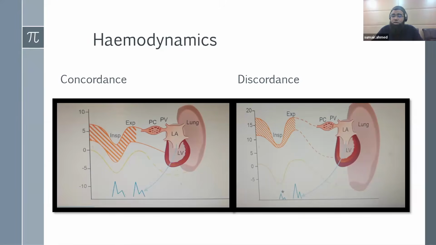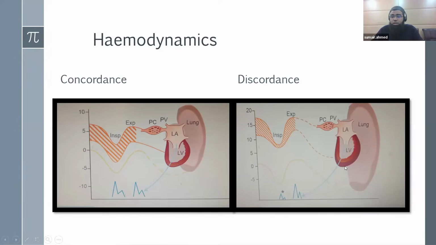But what happens in constrictive pericarditis? There is a dissociation of pressure. When we inspire, this suction pressure is not transmitted to the inside of the LV because of the encased and stiff pericardium.